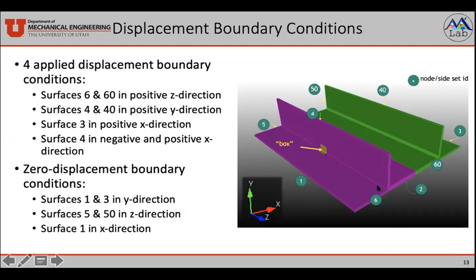And so to get these 4 degrees of freedom of the line weld, we loaded surfaces 6 and 60 here in the positive Z direction, surface 3 back here in the positive X direction, surfaces 4 and 40 in the positive Y direction, and surface 4 also was loaded in the negative X direction and the positive X direction to get a moment about the weld down there.